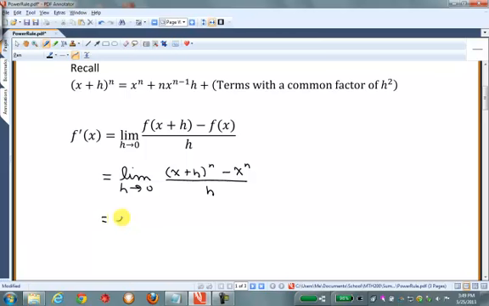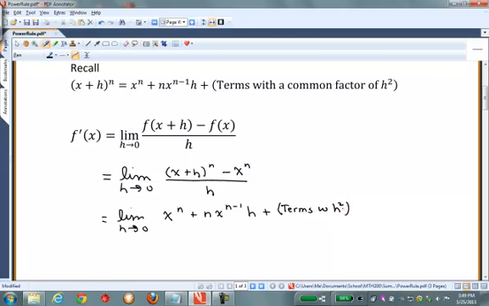All right. Because of the binomial expansion, we saw that x plus h raised to the nth power is this expression: x to the n plus n x to the n minus 1 times h plus terms with h squared.